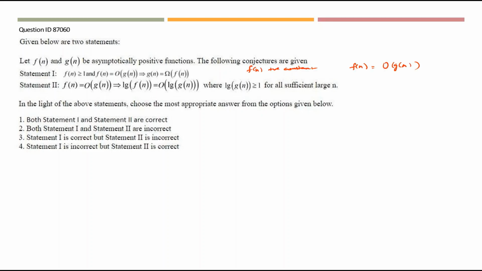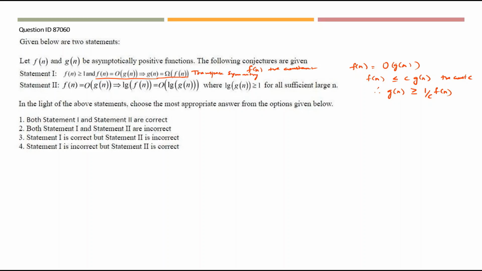By the definition of big O, f of n will be less than or equal to c into g of n for some positive constant c. From this we can conclude g of n is greater than or equal to 1 by c f of n, and this statement is actually a definition of transpose symmetry.